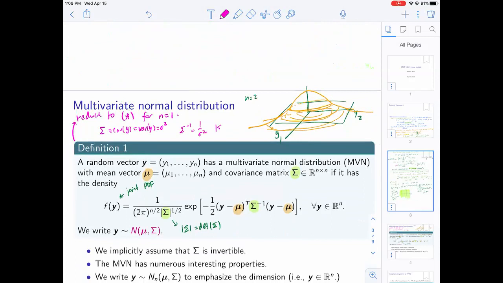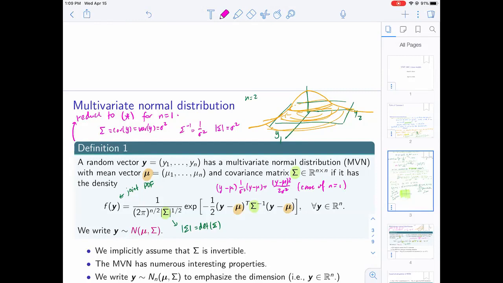And the determinant of sigma, what is the determinant of a number? It's just itself. So you would have sigma squared here, and 1 over sigma squared here, and then y minus mu times 1 over sigma squared times y minus mu, which is analogous to y minus mu squared over sigma squared in the case of n equal to 1. So it just reduces to that definition, but this is the general form.